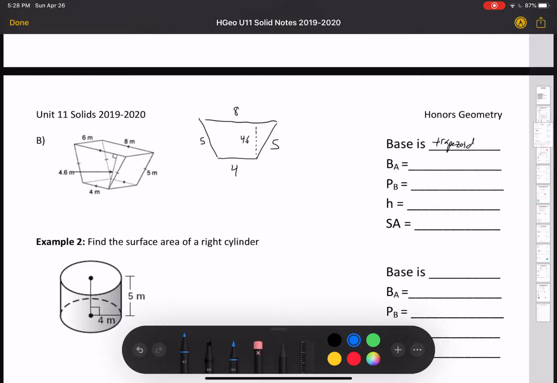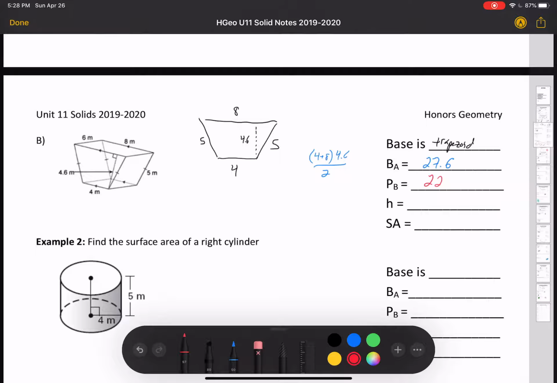So to find the area of the base, we're going to do base 1 plus base 2 times the height divided by 2. And we're going to get an area of the base that's going to be 27.6. Perimeter of the base, if I add up all the sides, so 5 plus 4 plus 5 plus 8, that's going to give us 22.